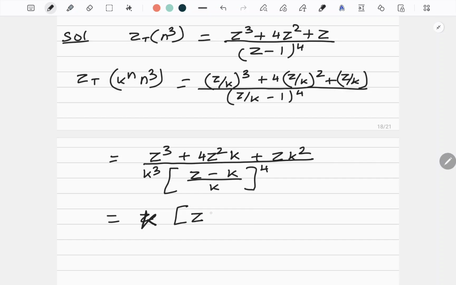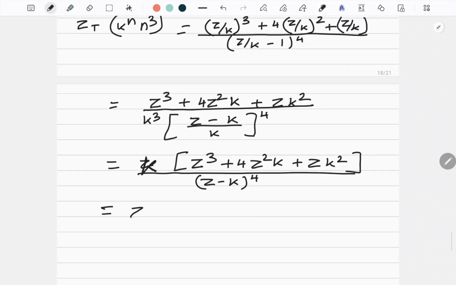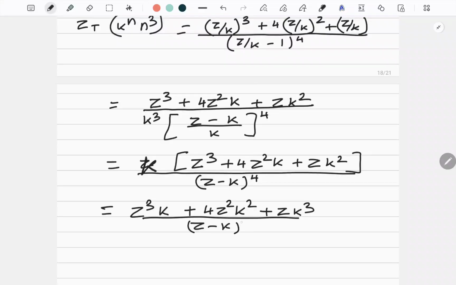And what is left? k z cube plus 4z square k plus z k square upon z minus k to the power 4. So this will become z cube k plus 4z square k square plus z k cube upon z minus k to the power 4.